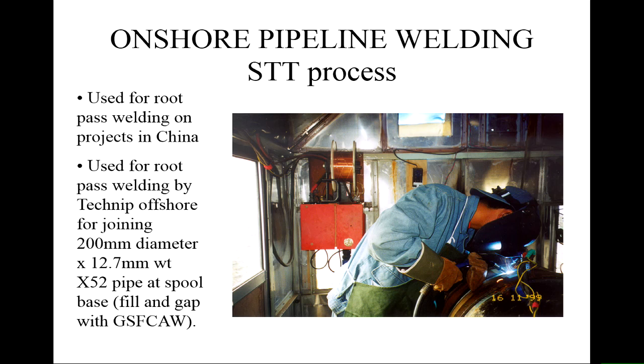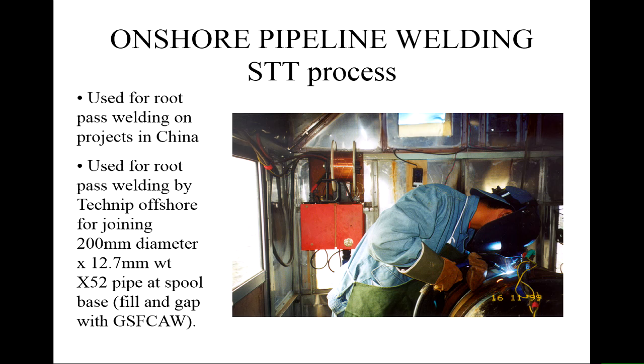What surface tension transfer is: if you've got a molten weld pool and a wire, the end of the wire periodically dips into the weld pool. The arc is quenched, and then you get resistance heating of the wire, and then it separates, and you transfer by contact the molten metal from the wire to the weld pool.